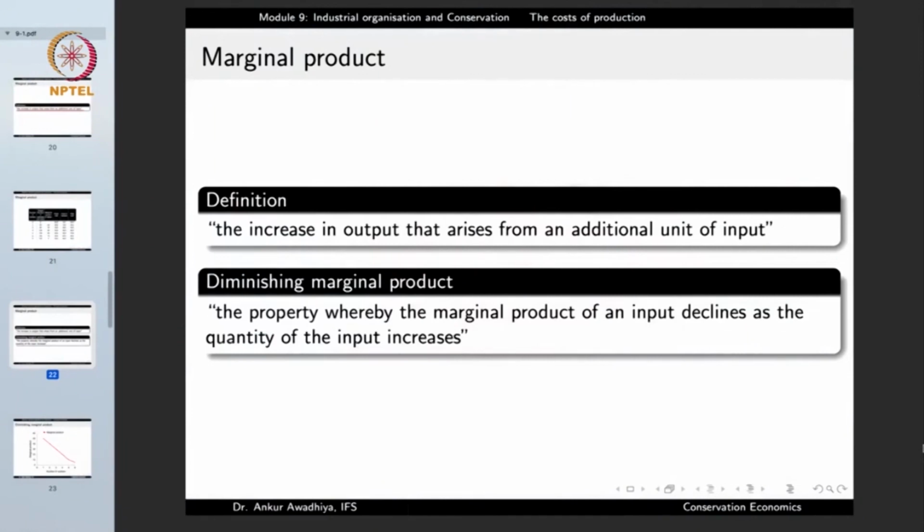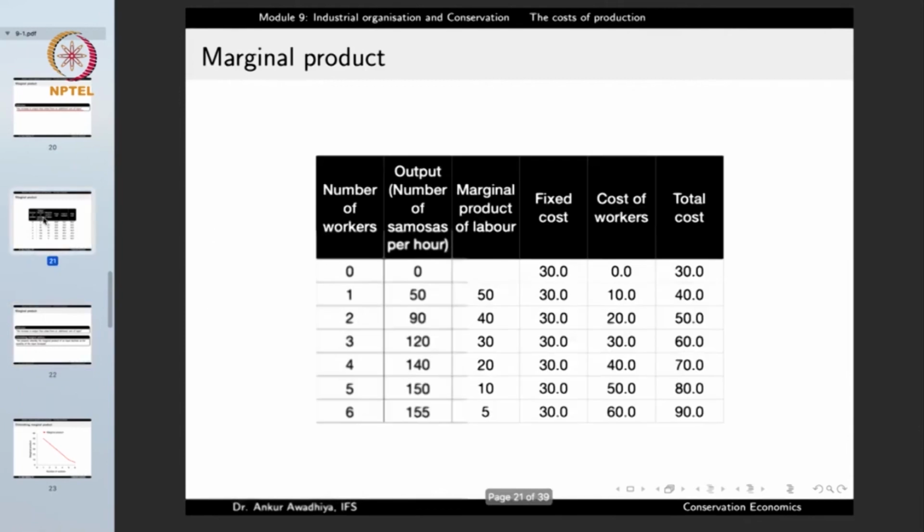In the case of marginal product, we normally observe a diminishing marginal product, which is the property whereby the marginal product of an input declines as the quantity of input increases. What we are saying here is that when the number of workers increases from 0 to 6, the marginal product reduces in each case. When you increase the workers from 0 to 1, you get a much greater increase than when you increase from 5 to 6.